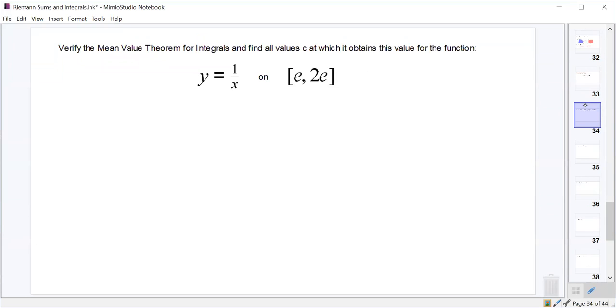All right. Let's see if we can find the average value of 1 over x on the interval from e to 2e. So first off, what do we need to do first?